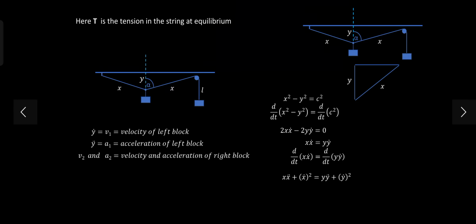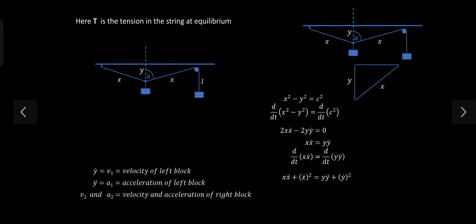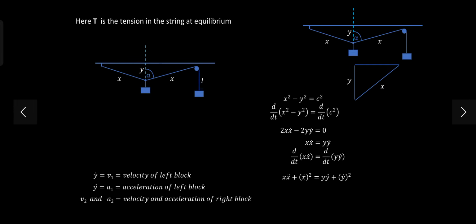Now consider this length is L. Because the thread is inextensible, the total length of the thread will remain constant throughout the motion. So 2x plus L is equal to constant. Again applying the differential operator on both sides, we will get this. So 2x dot plus v2 is equal to 0, where v2 is the velocity of the right block.